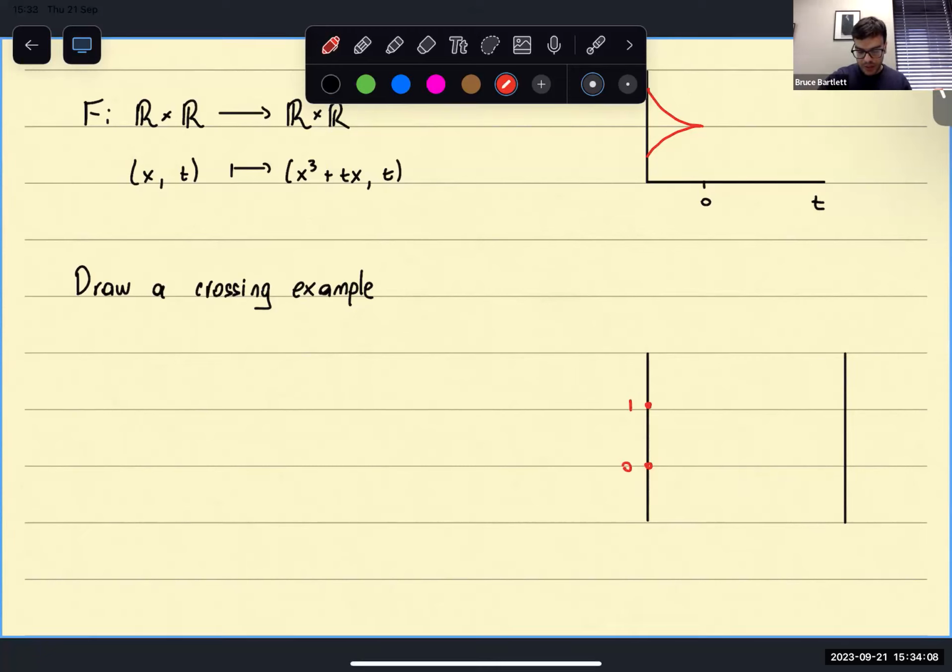Then at some point they are at the same level, which means they become the same critical value. And then they split again. So the graphic looks like this.